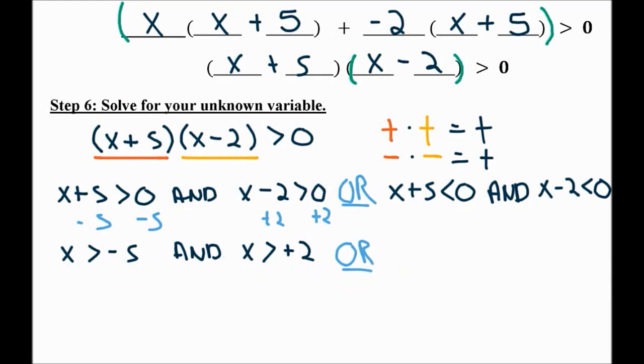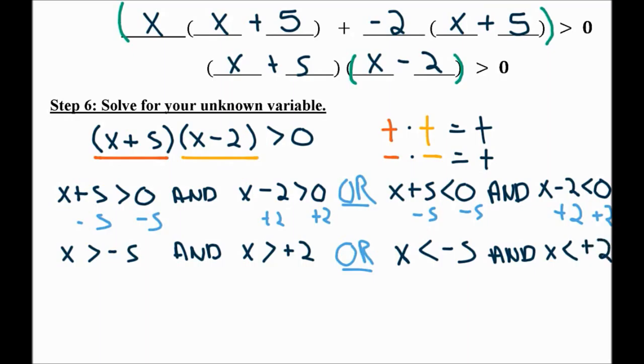Or, we need to have the situation: we subtract 5 from both sides, x is less than negative 5, and x, okay, we add 2 to both sides, and we get x is less than positive 2, which you don't have to include the positive there, you can just leave it out.